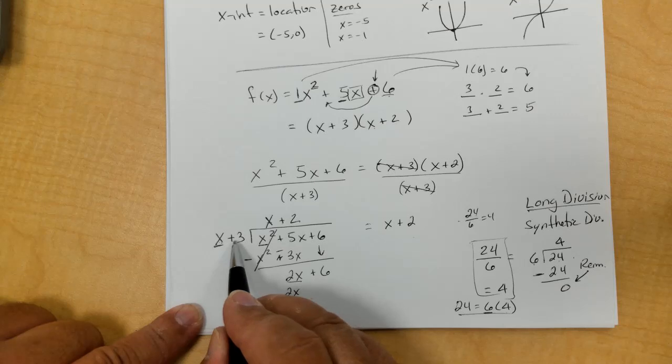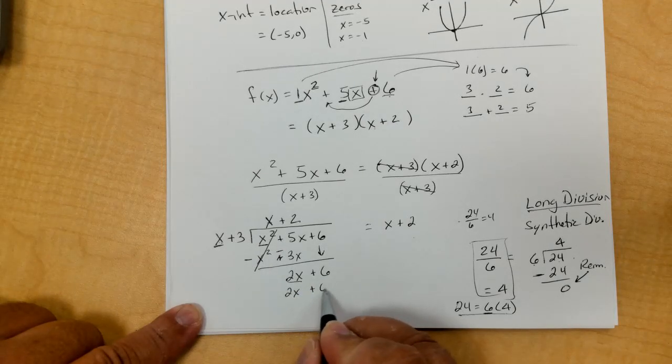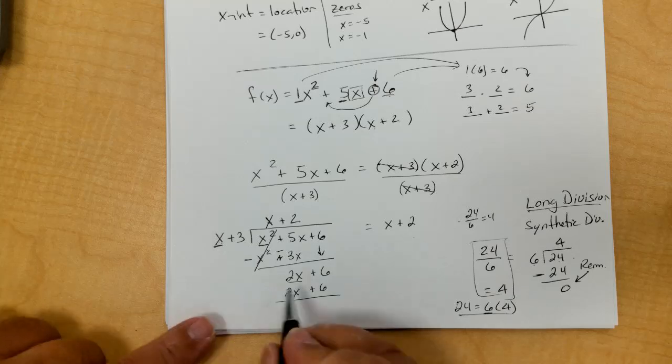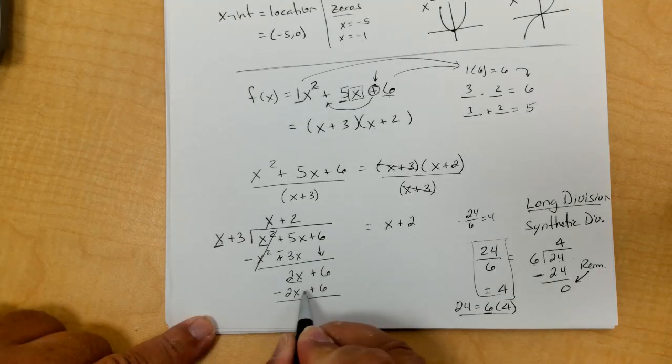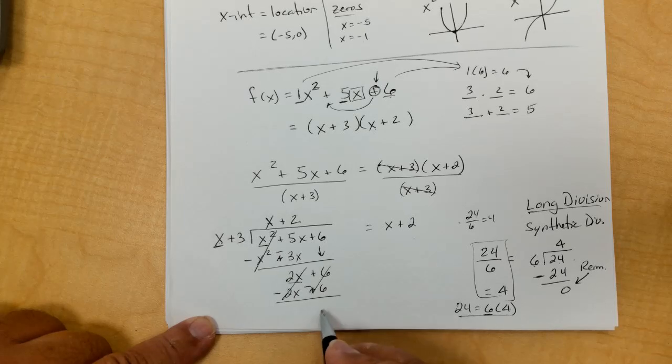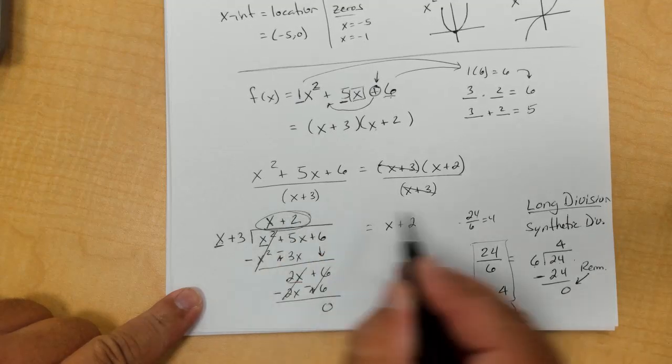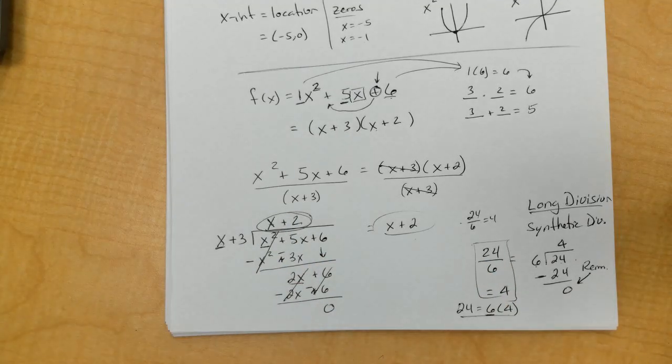Positive 2 times positive 3 is positive 6. Change the signs and subtract. The remainder is 0. So the answer is x plus 2, like it's supposed to be.